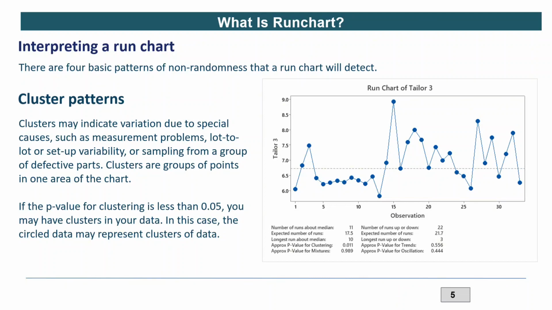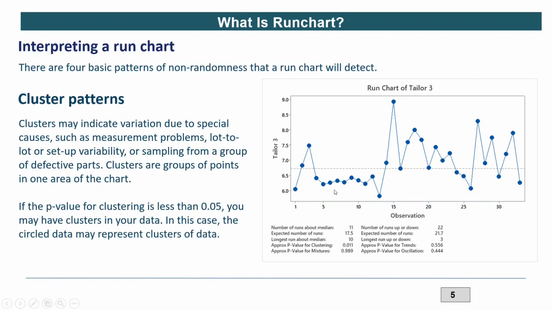That could be because of machine, man, the measuring instrument, material, it could be anything. But what is happening is the data points are almost performing at the same level on the same side of the center line, and this indicates there is a cluster getting formed.